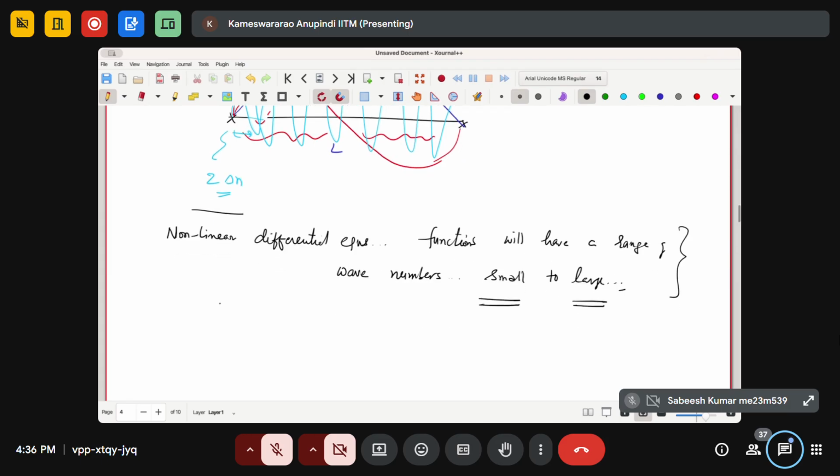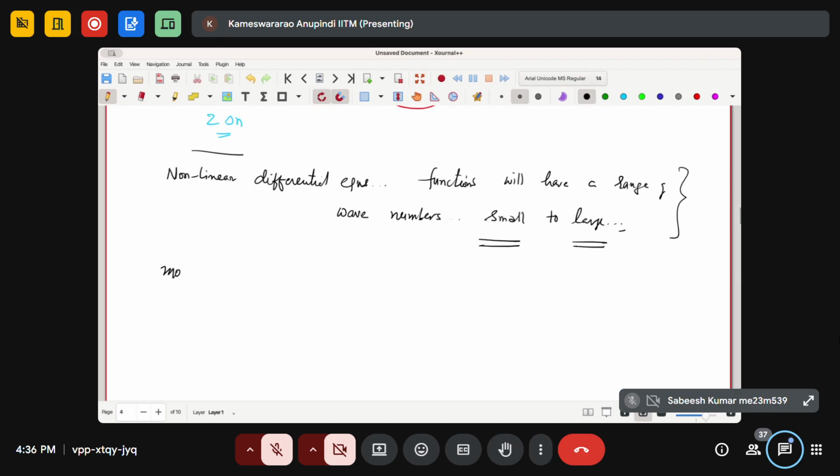For that, we define something called a modified wave number. This approach is called the modified wave number method, which tells us, if we are dealing with a particular wave number which theoretically we want to deal with, what this value becomes as the numerical scheme is applied.